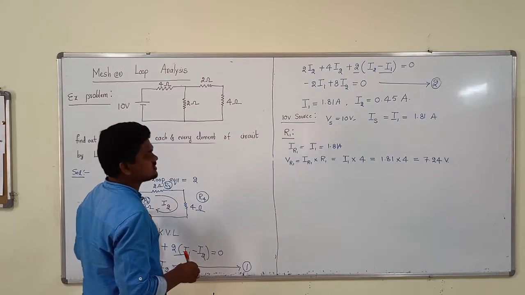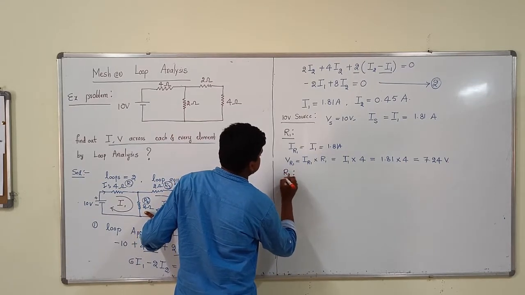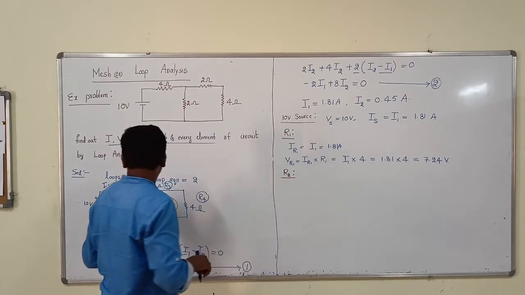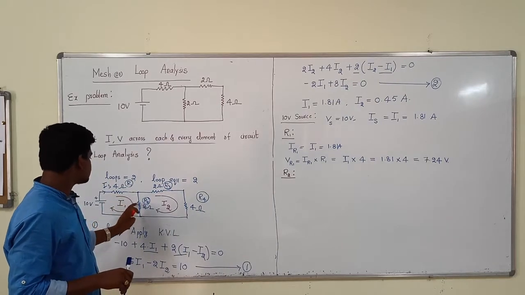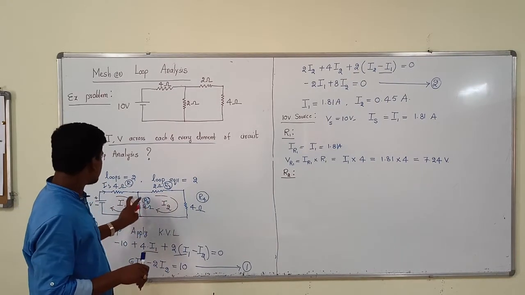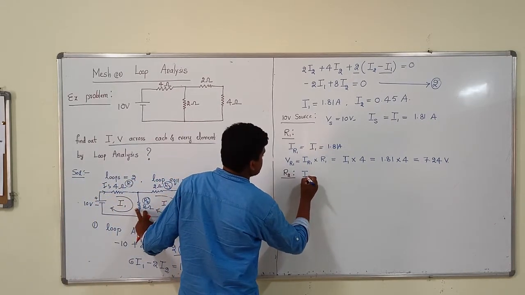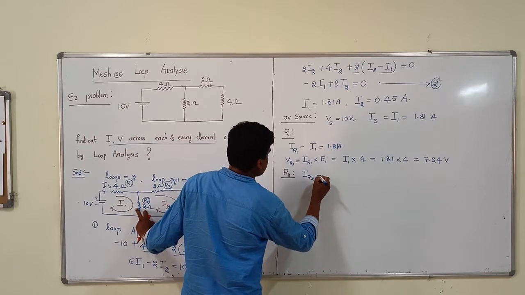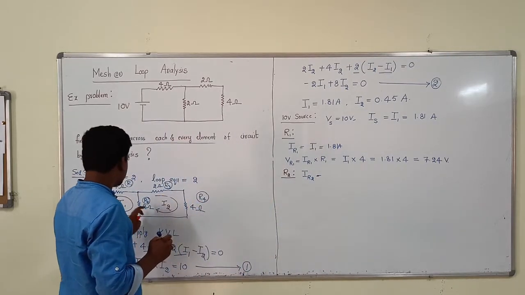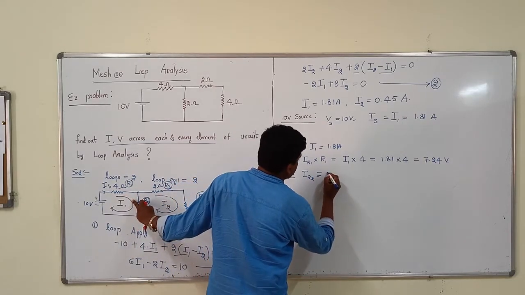Next, we will go for the R2 resistor. First, assume that this is the first loop direction. The source is generally flowing like this and like this. That is fine. The current across R2, I can write like this. I1 current is entering, I2 current is leaving. I can write I1 minus I2.